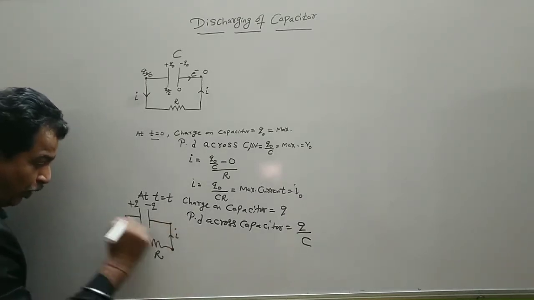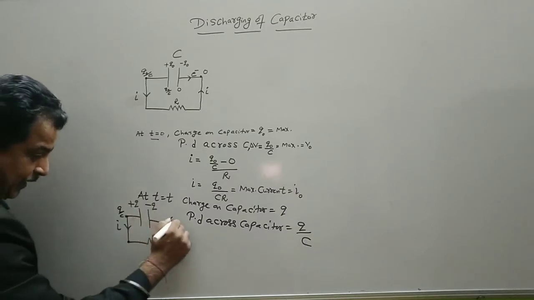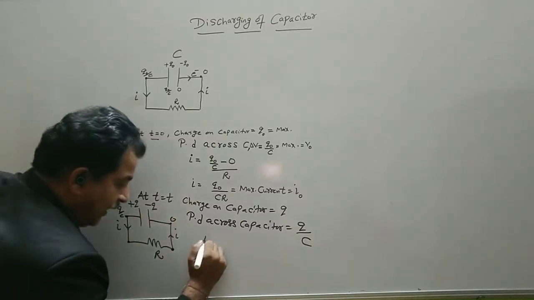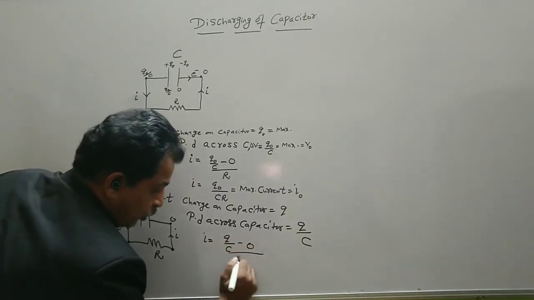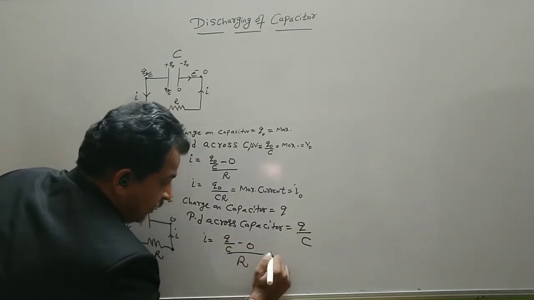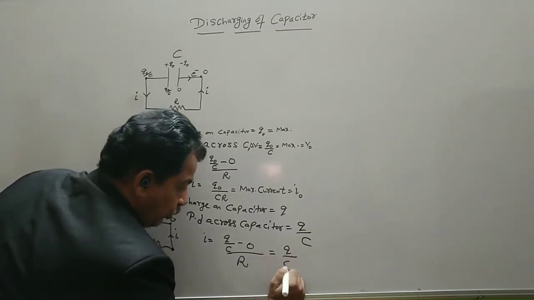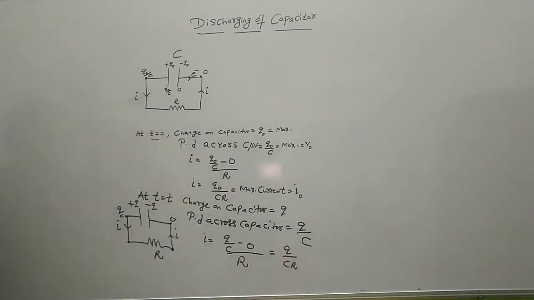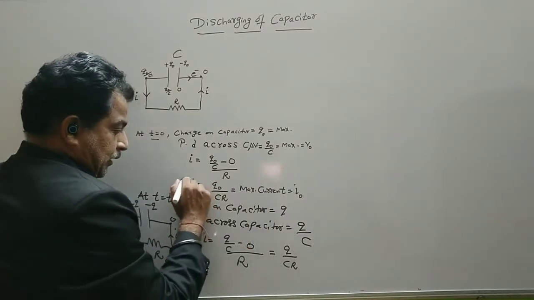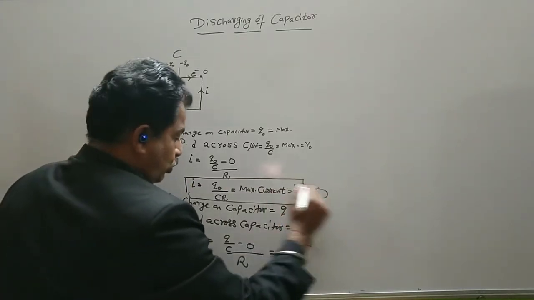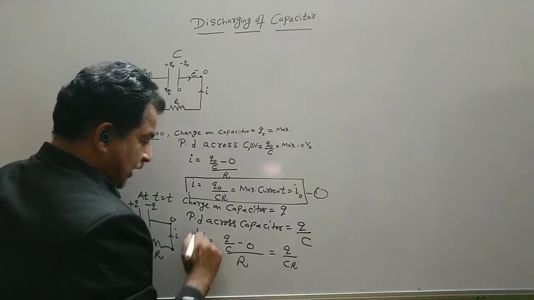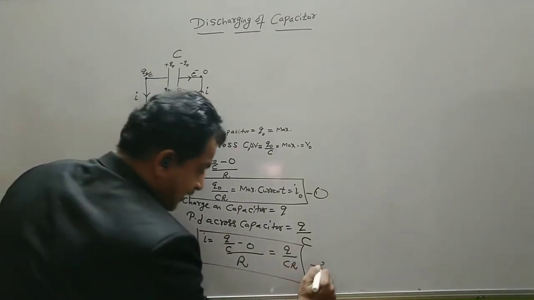It will be Q by C here, and here it is 0. So I is equal to (Q by C minus 0) upon R, that is equal to Q by CR. And CR we write as tau, or a time constant. So this is your equation number 1, that is I naught is equal to Q naught by CR, and now I is equal to Q by CR.